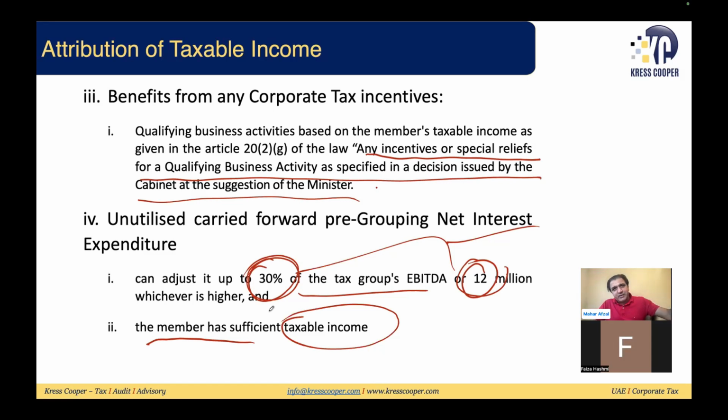Group consolidation will be there, group taxation will be there, group consolidated taxable income will be there, group will be liable to pay the tax. It will be the parent company's responsibility to make sure all these things are happening.